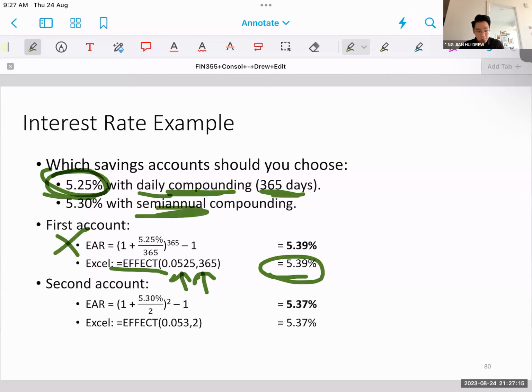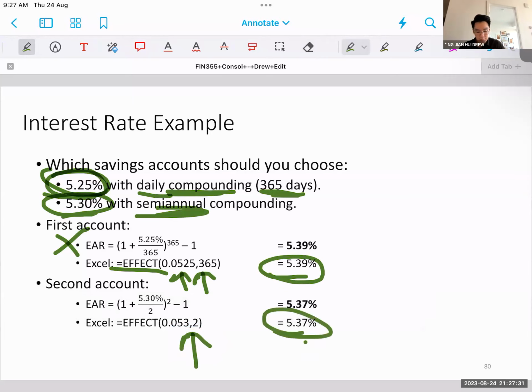If we have semi-annual compounding, we plug in the figure here, and semi-annual is 2, so we just put 2 here, and then we can get the effective rate. The use of effective rate, I want to say, is never to calculate time value of money. Usually effective rate is only used for comparison.